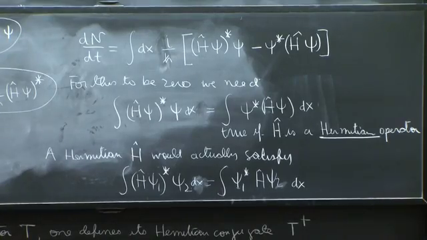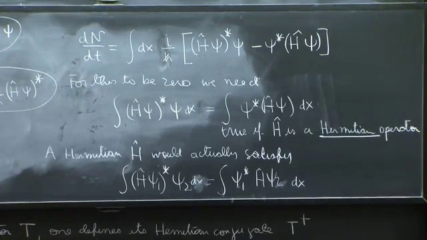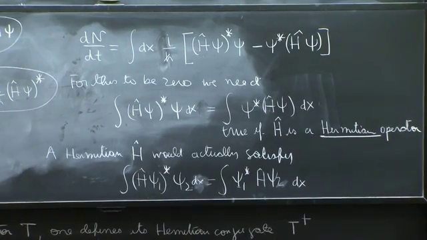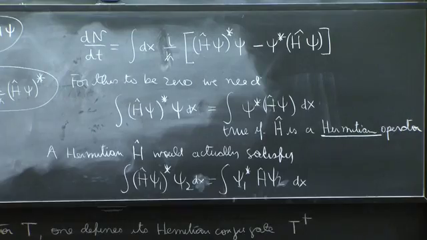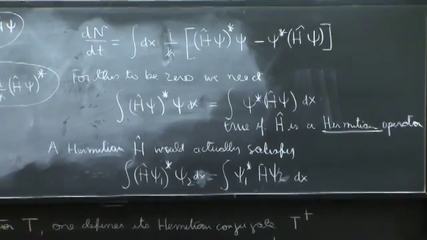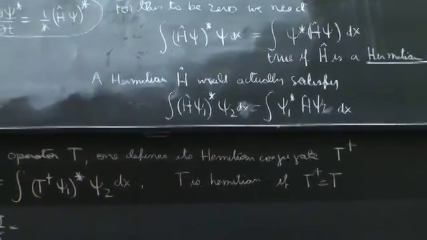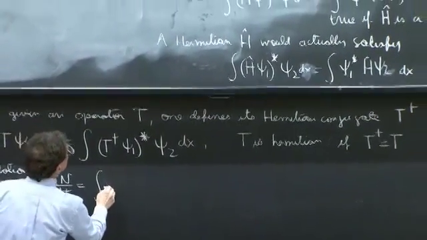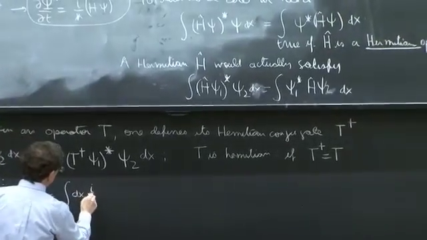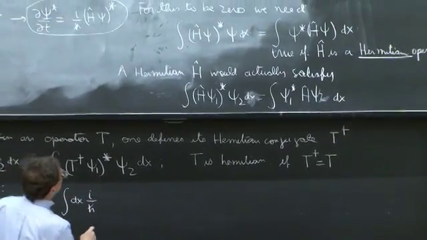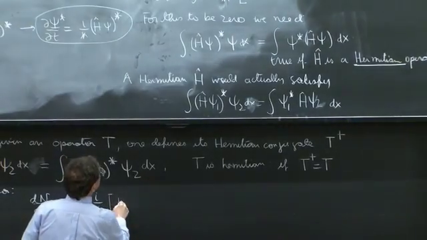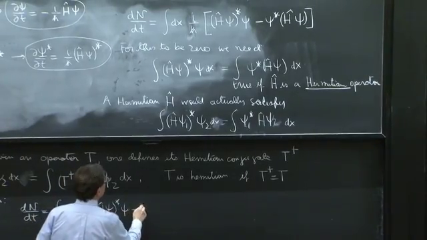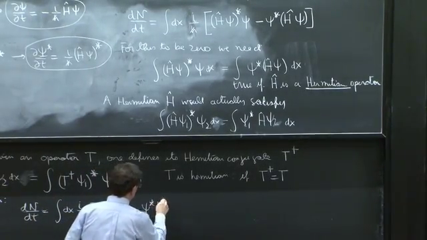So back to the calculation. dN/dt is equal to this thing over there, the integral dx over h bar. I'll still copy it here, H psi star psi minus psi star H psi.